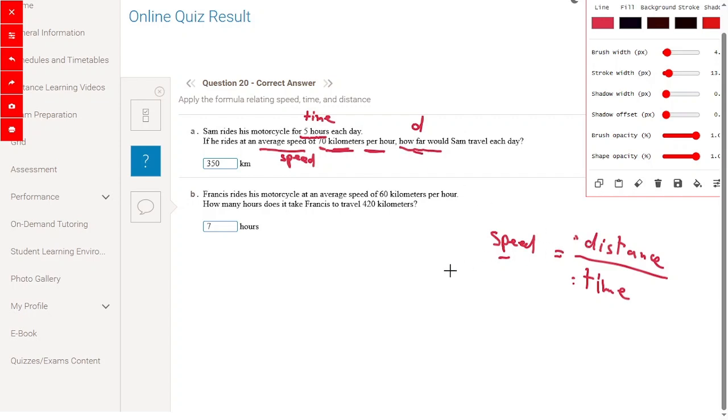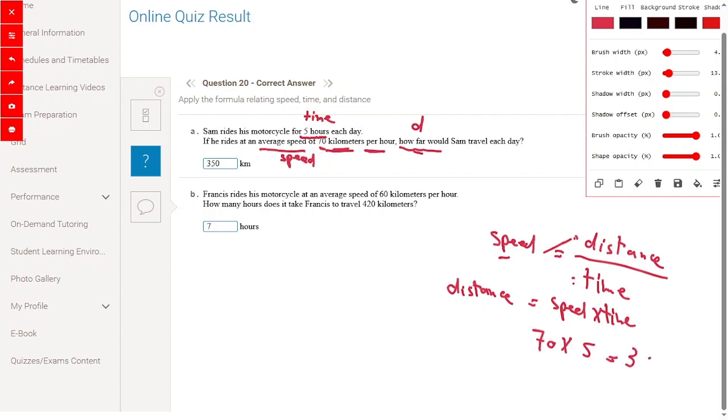So the distance will be, by cross multiplication, distance equals speed multiplied by time. Now the speed is 70 kilometers per hour and the time is 5 hours, right?